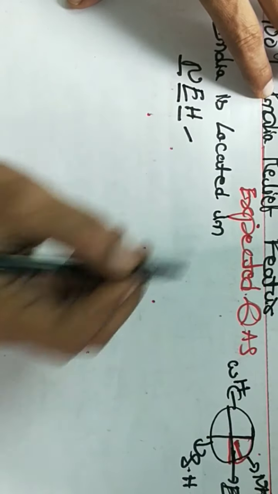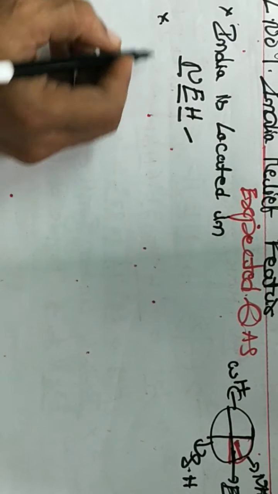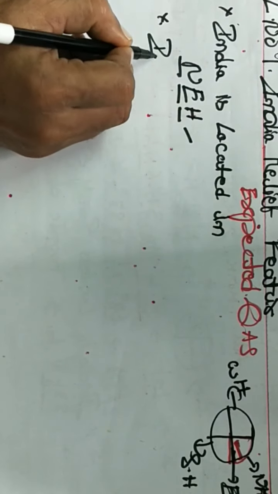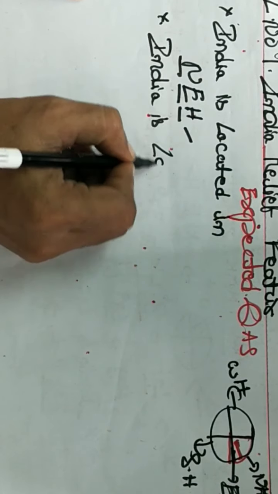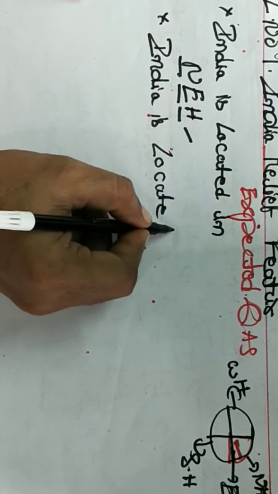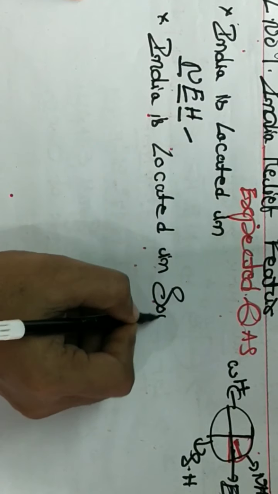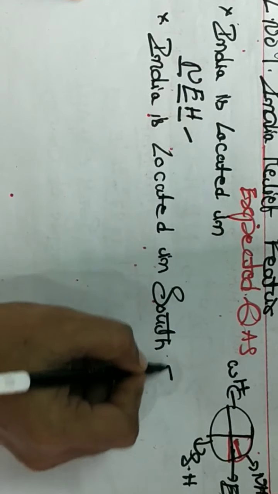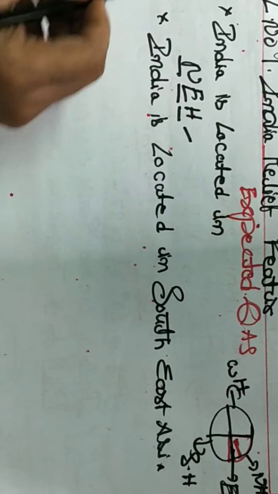Northeastern hemisphere, this is the first point. And the second point: India is located in Southeast Asia. This is the second point.